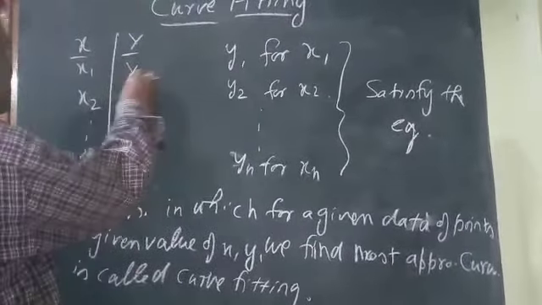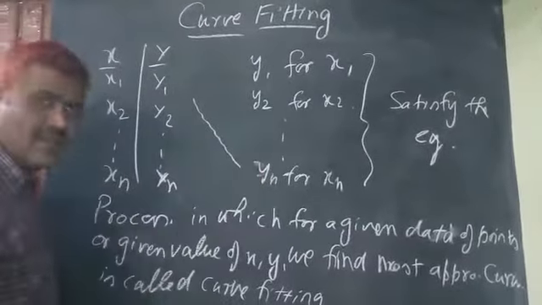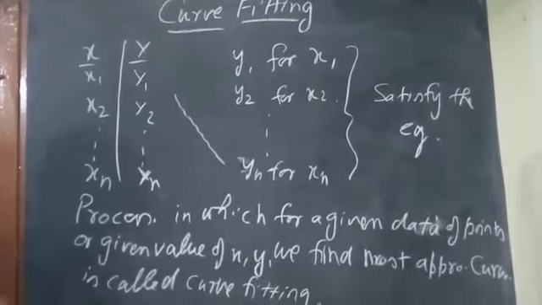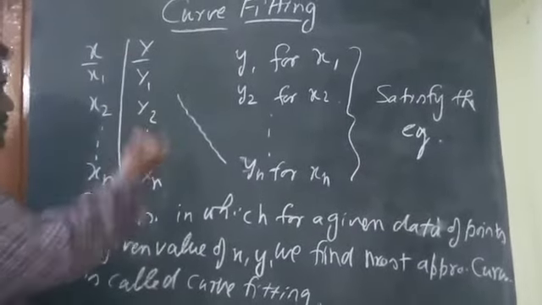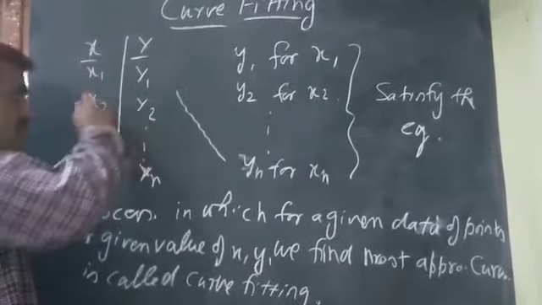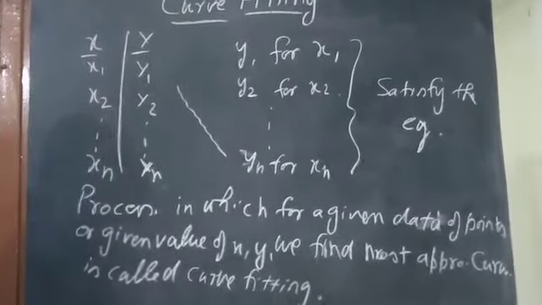That curve can be a straight line, a polynomial, or anything else. So this process in which, for given points, we find other points which satisfy a particular curve is called curve fitting.